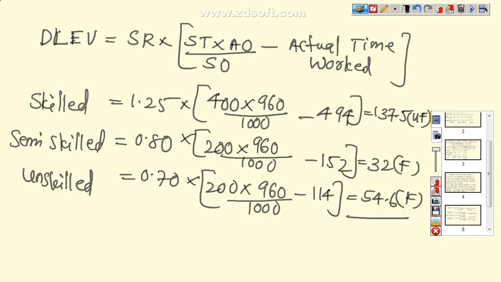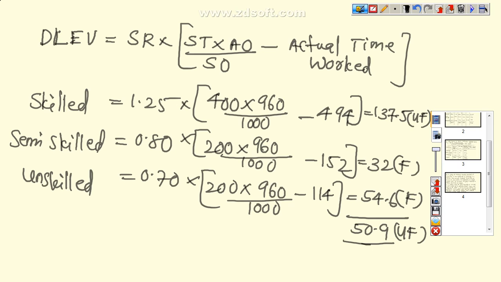So the final answer is 50.9 unfavorable. The idle hours are given in the question, so we can calculate the efficiency variance on both categories, actual time worked as well as actual time paid for.